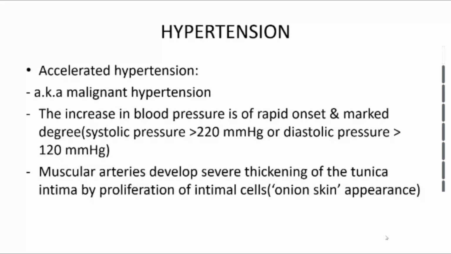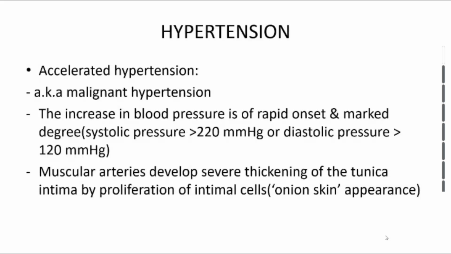So muscular arteries develop severe thickening of the tunica intima and proliferation of intimal cells. That is why I tell you we needed to start with anatomy, because if you are going to understand, you have really got to grasp anatomy quite well. And that's what they are calling, in quotes, onion skin appearance. That means basically you have layers.